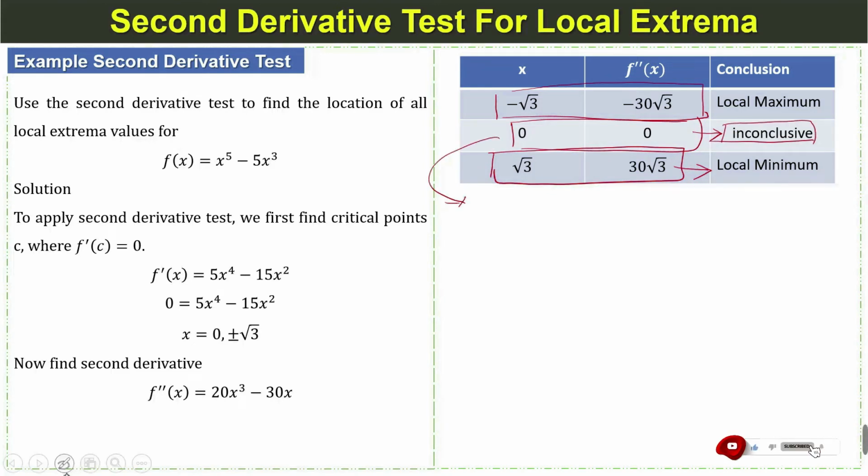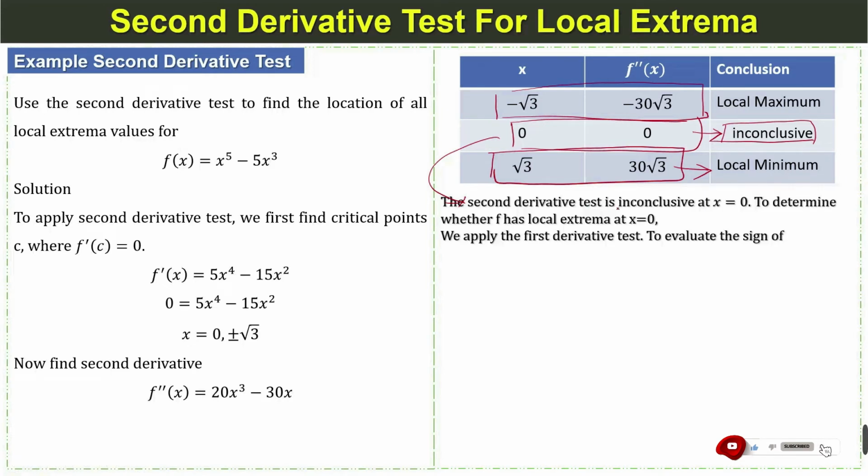The second derivative test is inconclusive at x is equal to 0 to determine whether the function has a local extremum, meaning local maximum or local minimum at x is equal to 0. We apply the first derivative test to evaluate the sign of the first derivative.